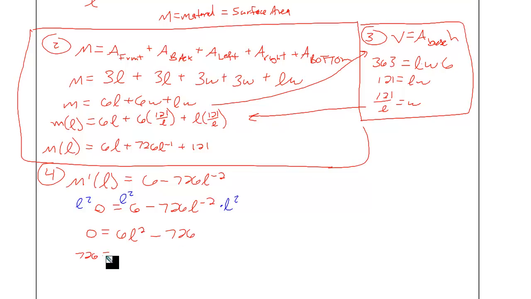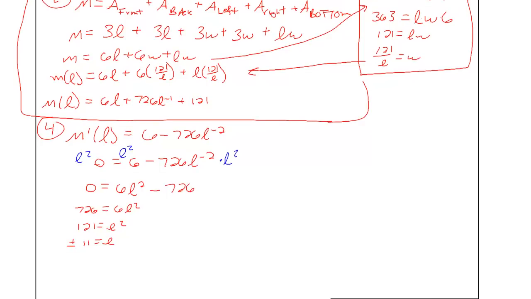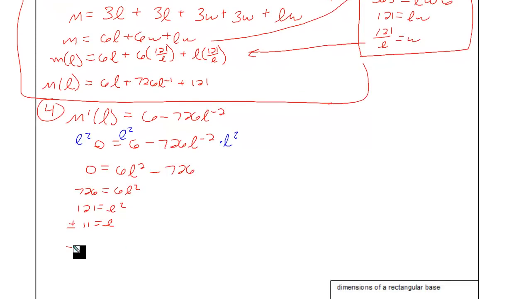Add 726 to both sides. Divide both sides by 6. Square root both sides, we get plus or minus 11 for L. Could be plus 11, could be negative 11.